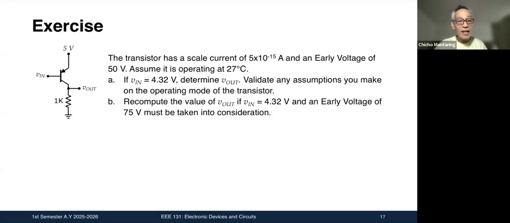Okay, somebody very quickly got the answer, because actually, it's just a matter of pressing the calculator.